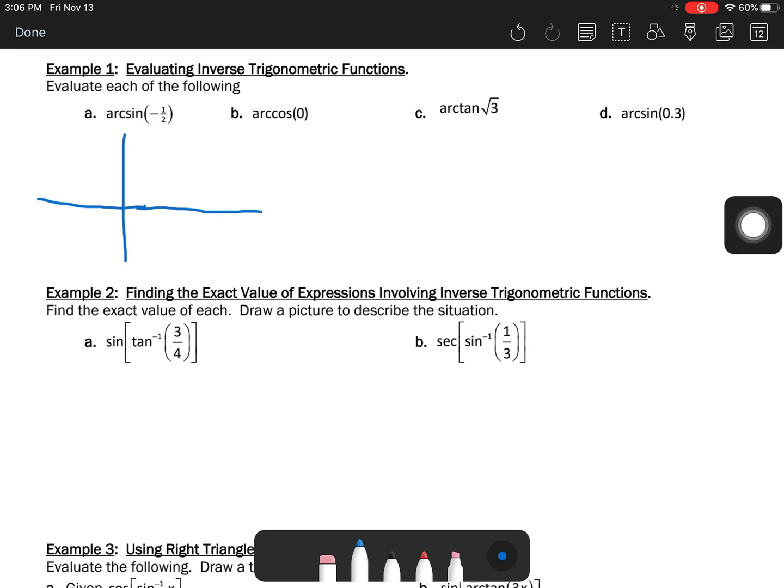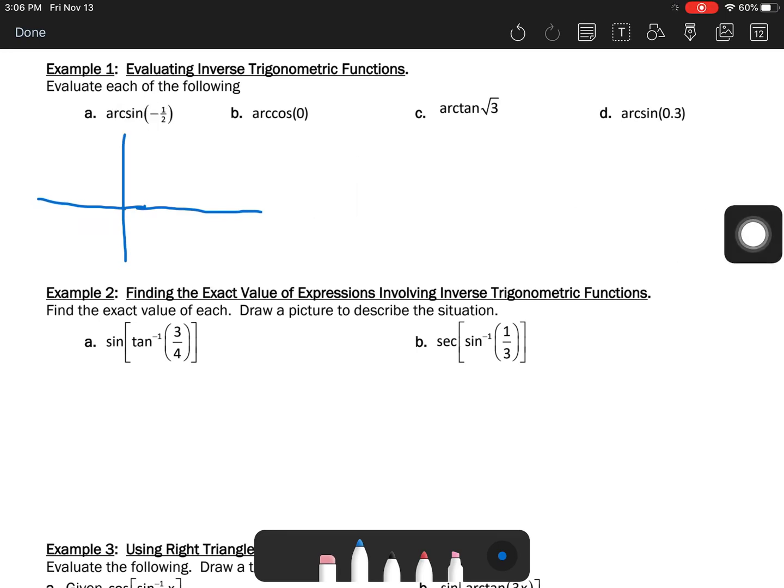Now, what it does mean is that if I'm thinking of sketching this out, and if this was my coordinate plane, if I'm thinking of a unit circle there, I just want to be working in quadrant 1 and quadrant 4. So I'm going from -pi over 2, which would be down here at this negative y-axis, up to +pi over 2, which would be up here at this positive y-axis. So where am I going to draw this?